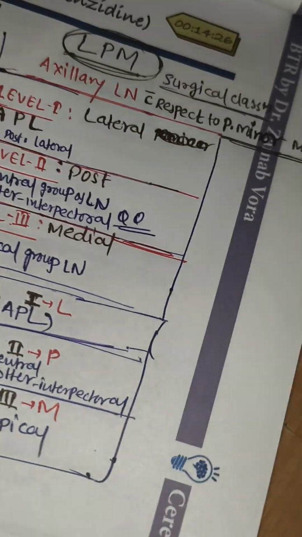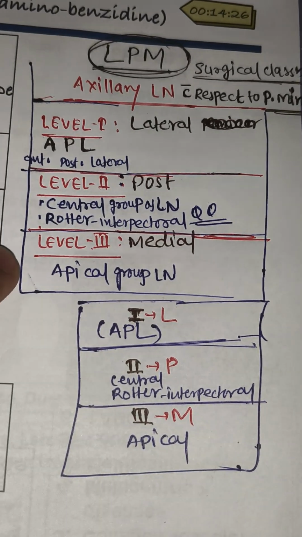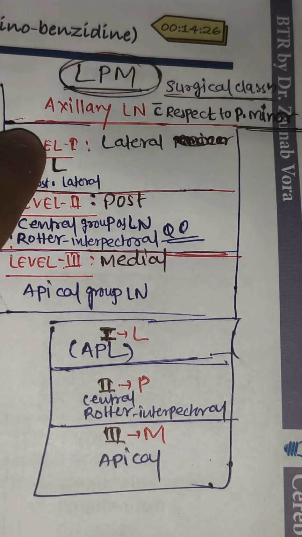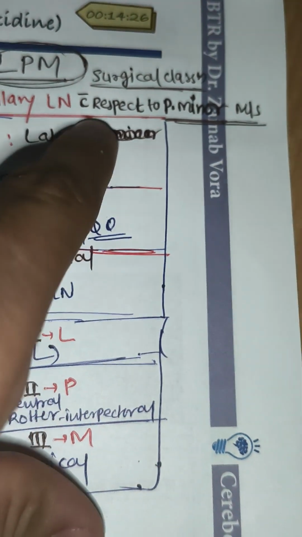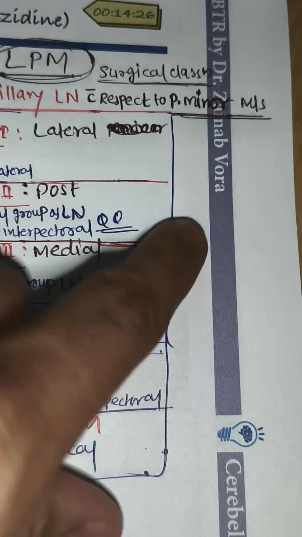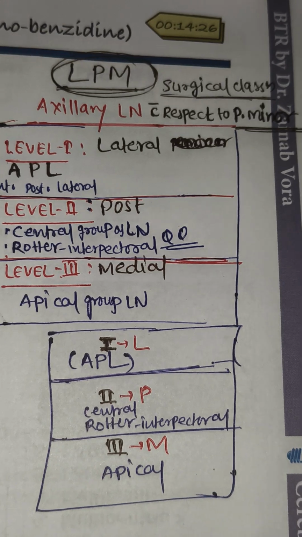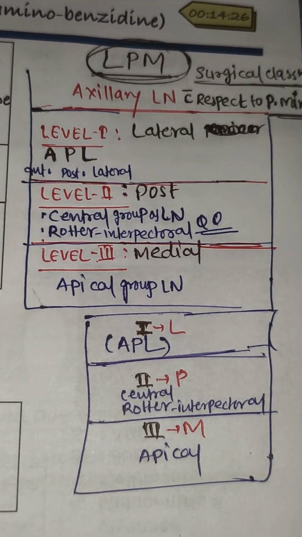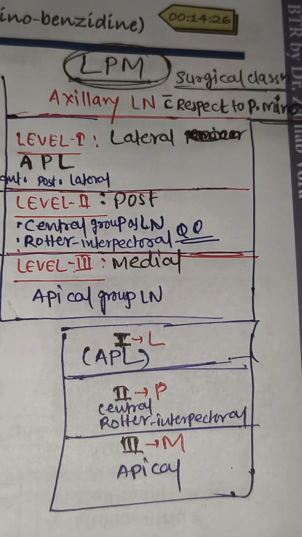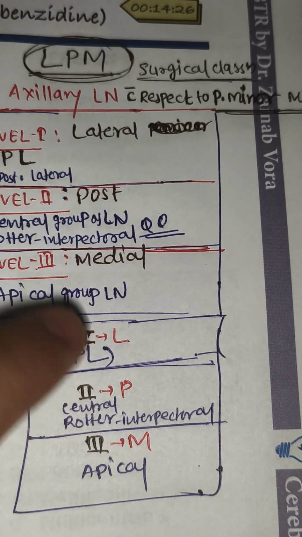And the last thing, which is very forgettable and very important according to me: axillary lymph node levels with respect to the pectoralis minor muscle. This is the surgical classification. Here three levels are involved: level 1, level 2 and level 3. With respect to pectoralis minor: lateral, posterior and medial.